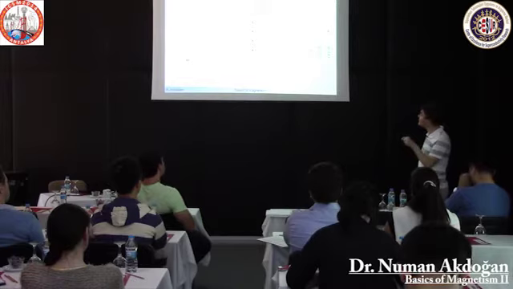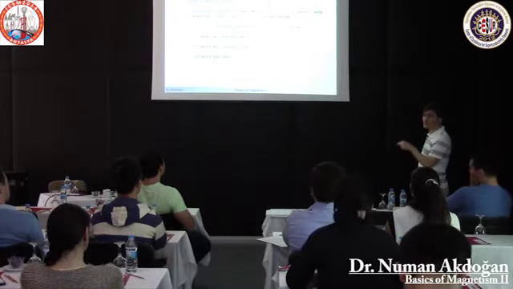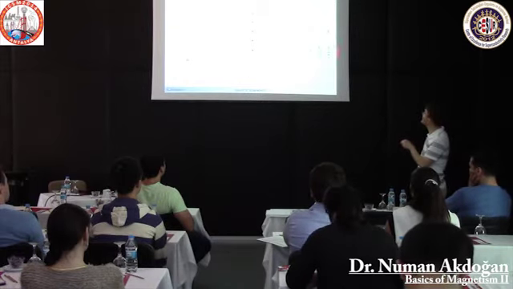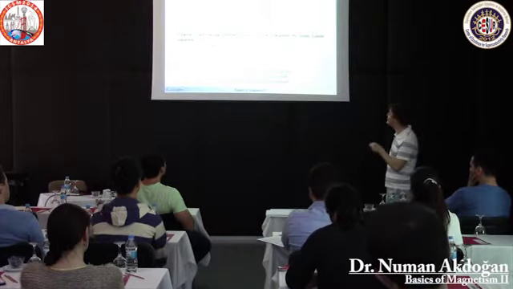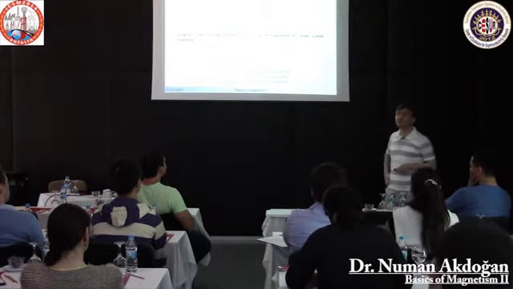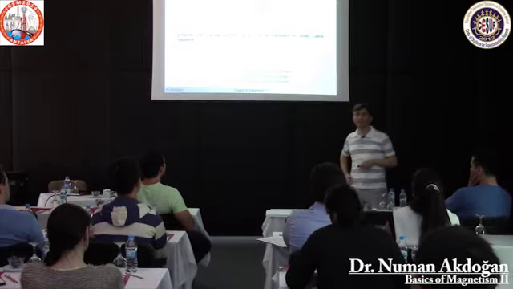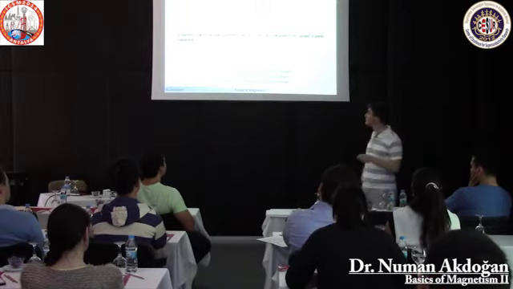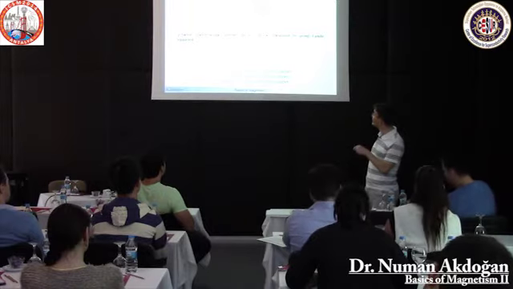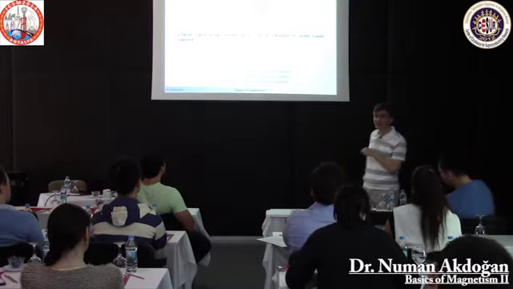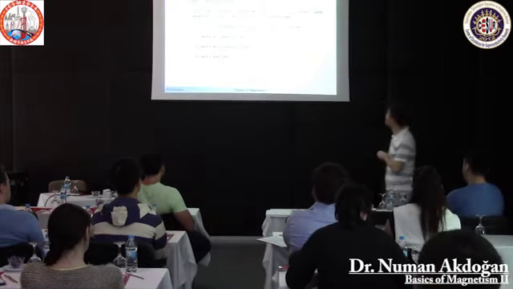Since the 4f shell is less than half filled, I will apply this formula, 5 minus 5/2, and finally I have this J value. When I put this J value here, I can calculate the magnetic moment of this atom. I can also calculate the G factor by using the Landé equation because I know J, I know S, I know L. This is the way.